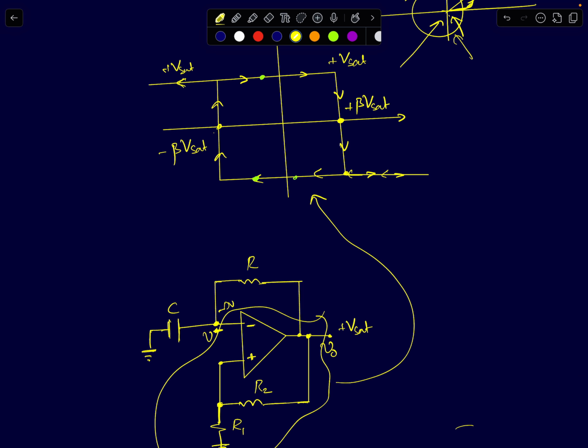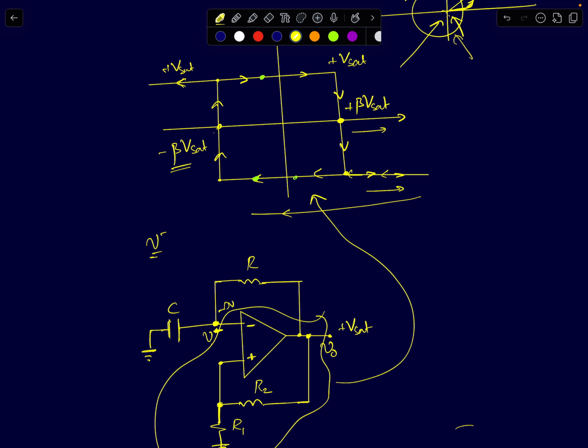If the inverting terminal's node voltage V minus is greater than plus beta Vsat, the output will go to minus Vsat, and as you keep decreasing V minus further than minus beta Vsat, the output will go to plus Vsat. So that's what is supposed to happen.